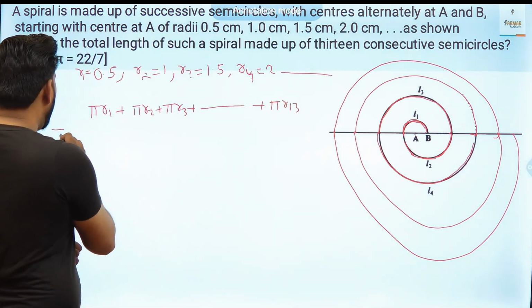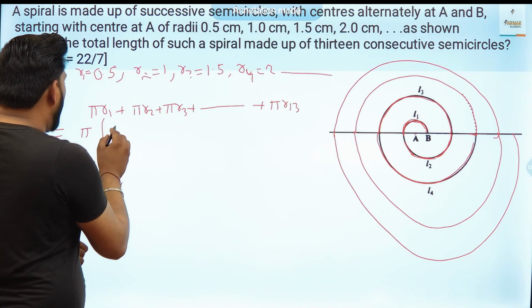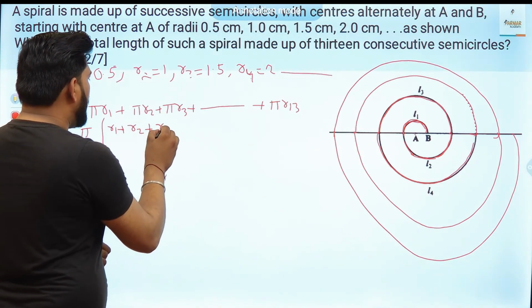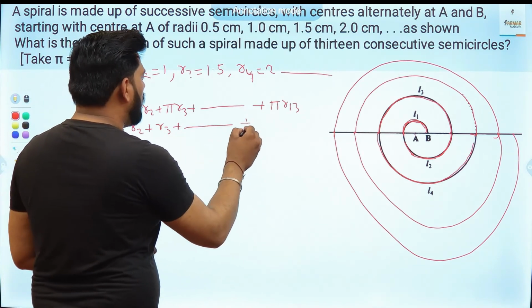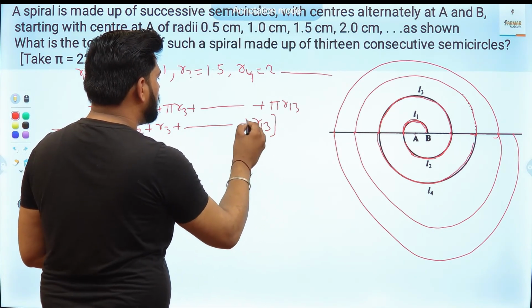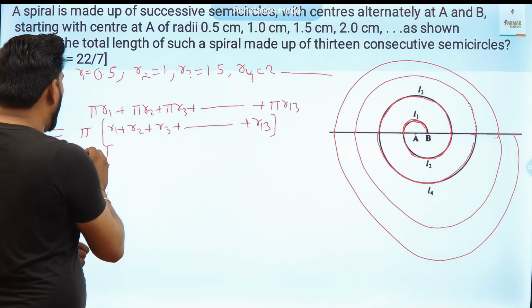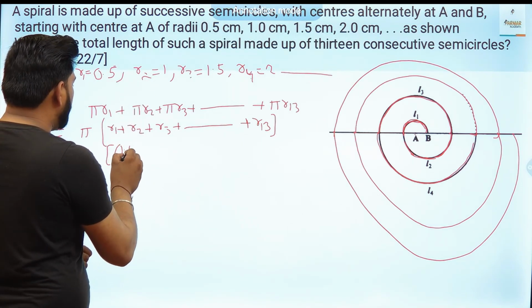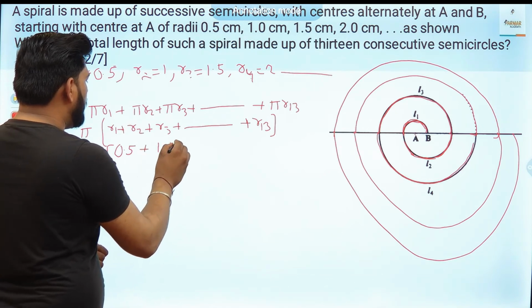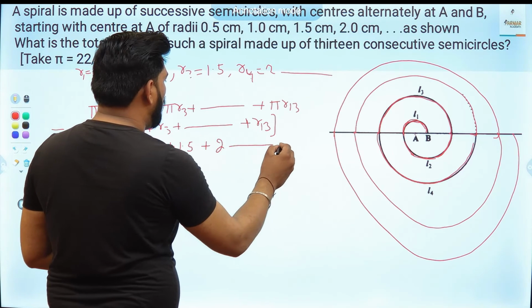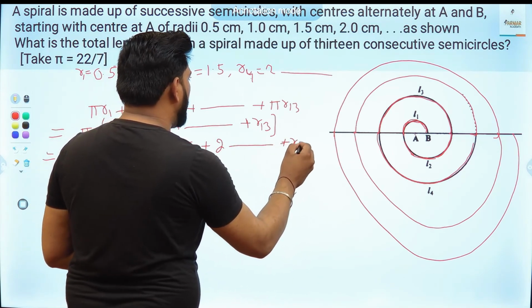Now, taking pi common from all, we are left with r1 plus r2 plus r3 and so on up to r13. That is equal to pi times (0.5 plus 1 plus 1.5 plus 2, and so on up to r13).